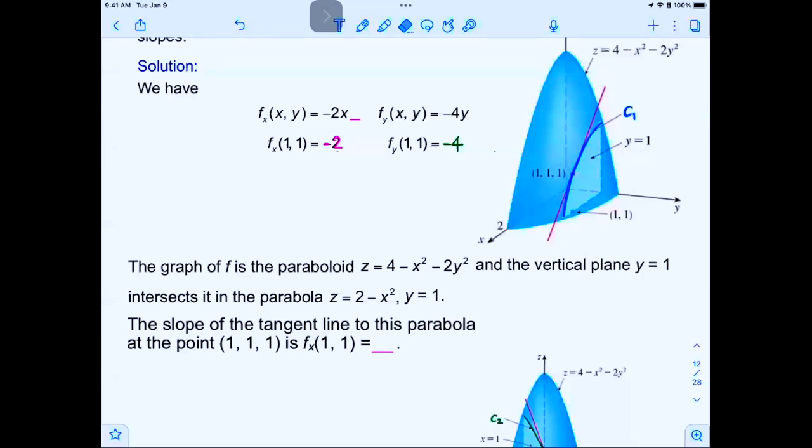Now, when you take this vertical plane y equal to 1 and slice this surface, you get this curve over here, C1. What's the slope of this curve at this point (1, 1)? What's the slope of the tangent line to this curve?